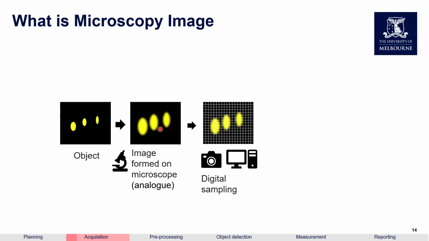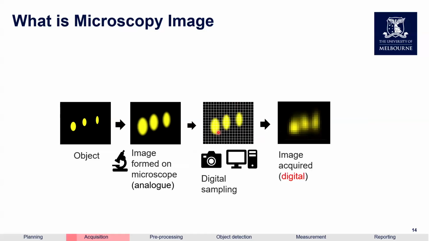When the image is detected on our camera and saved on the computer, the signal has to be converted to a digital format. So the image we get is a digital image that is composed of many pixels, and the pixel is a unit of our image, and each pixel has a defined size.